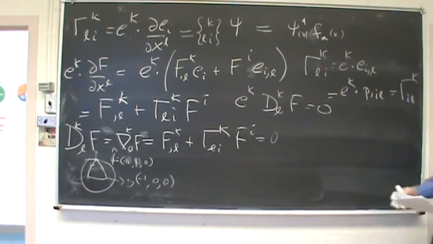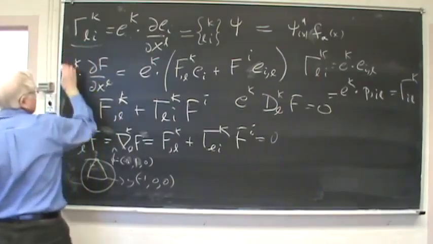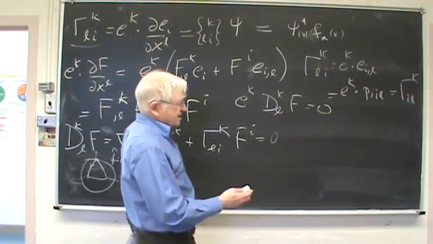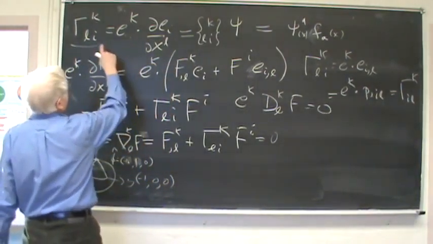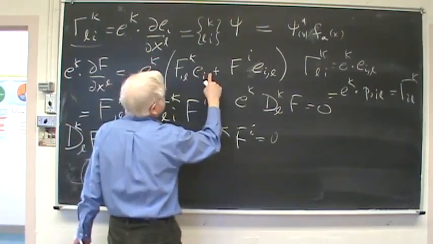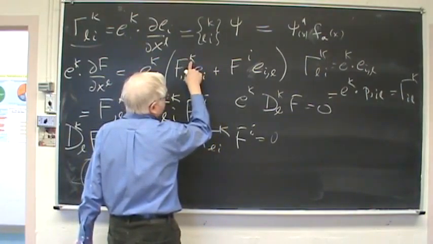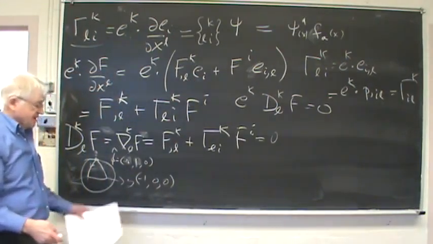So we've been talking, when I was talking here about covariant derivative, I was talking initially about a field expressed in terms of its contravariant components and its covariant tetrads, the original tetrads.